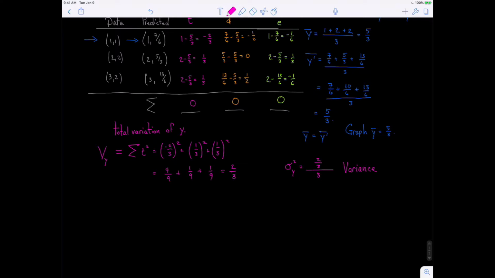The difference is just the fact that we divide by the number of data, and for samples, we would divide by n minus 1. So it really creates an average, and when you do that, it's variance. When you don't divide, it's called variation. So right now we've found our total variation of the y's.